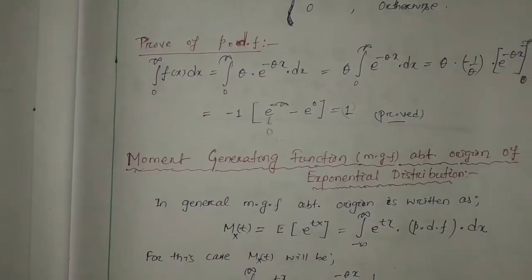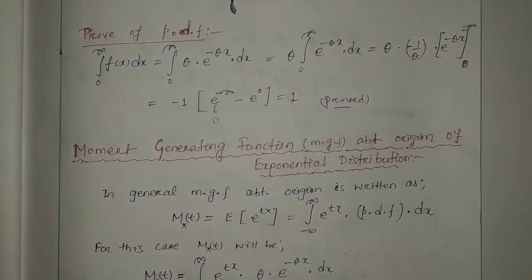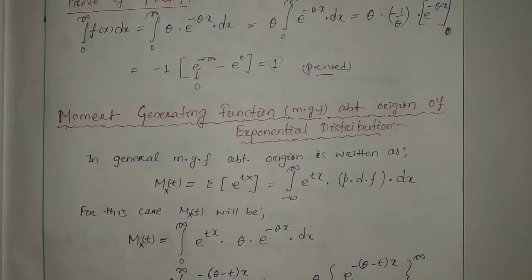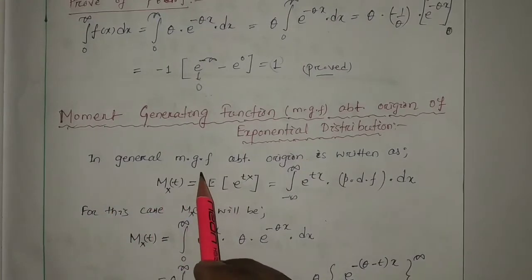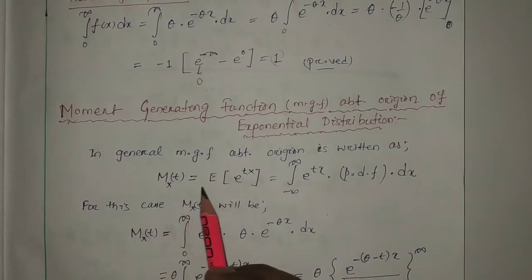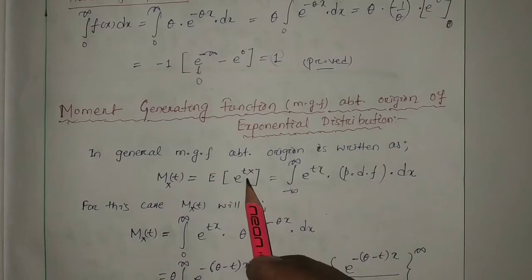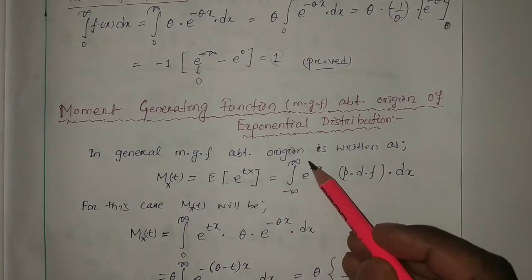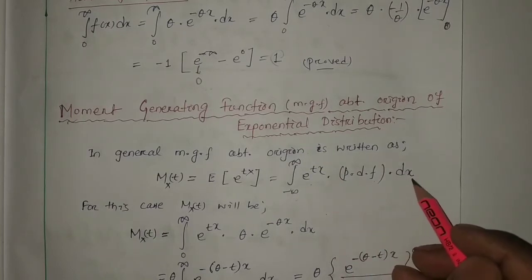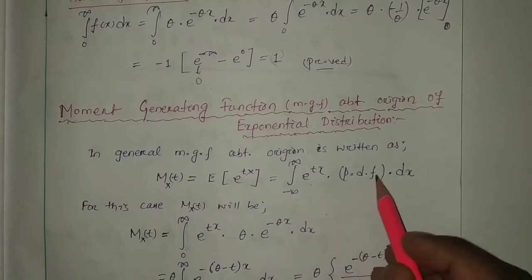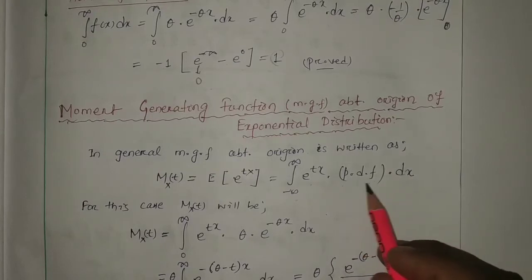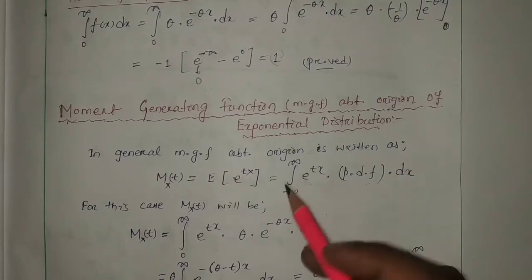Now we are going to go for the moment generating function, or MGF, about the origin of the exponential distribution. In general, the MGF about the origin is written as M_X(t) equal to the expectation of e to the power tX, equal to the integral from minus infinity to plus infinity of e to the power tx into the PDF into dx. For a continuous distribution we consider the PDF, and for a discrete one it will be the PMF, and the integration will be considered as summation.